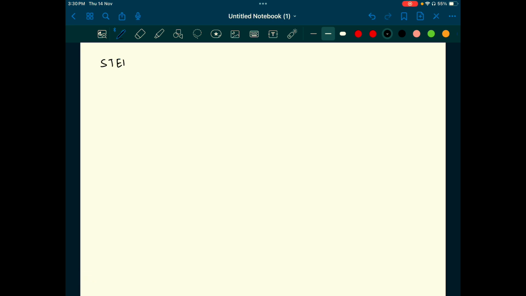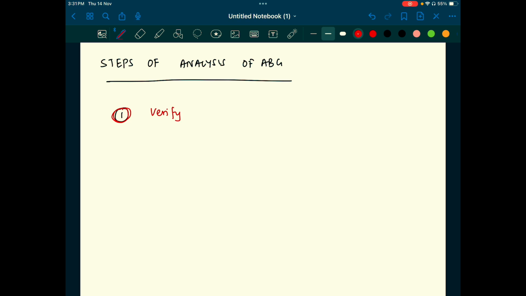Now, what are the steps of analysis of ABG? What are the basic steps in analyzing the ABG? The first step, which most of us don't do, is to verify the internal consistency.